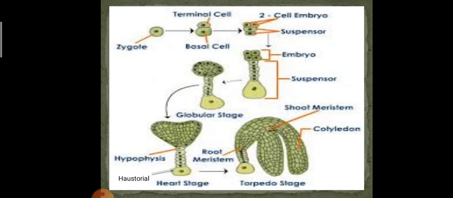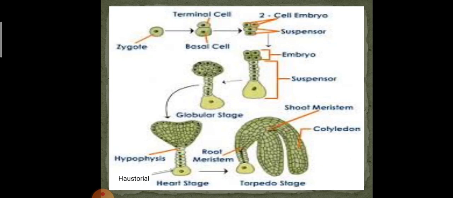Afterwards the basal or lower cell is converted into the suspensor, and the apical or terminal cell is converted into the embryo. So the formation and development of the suspensor and embryo take place simultaneously.